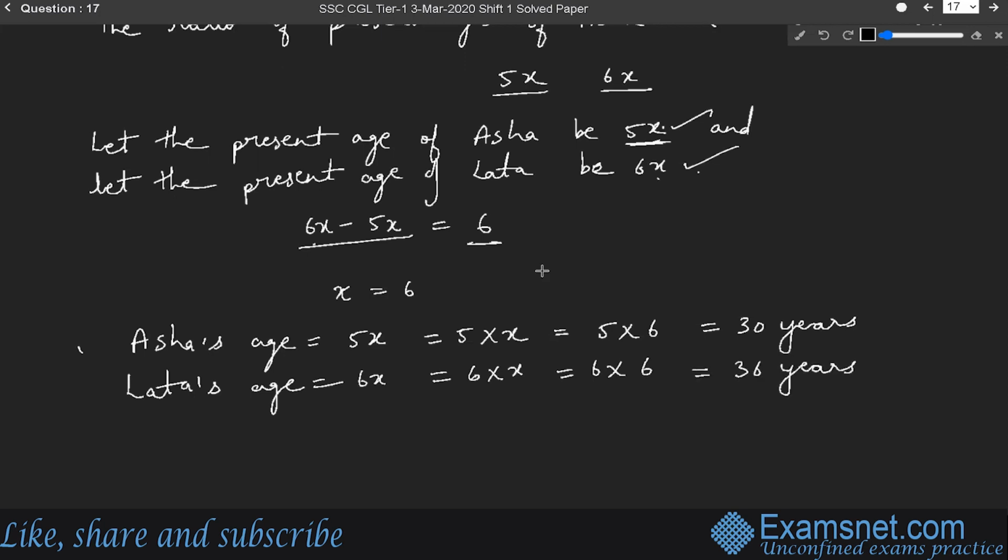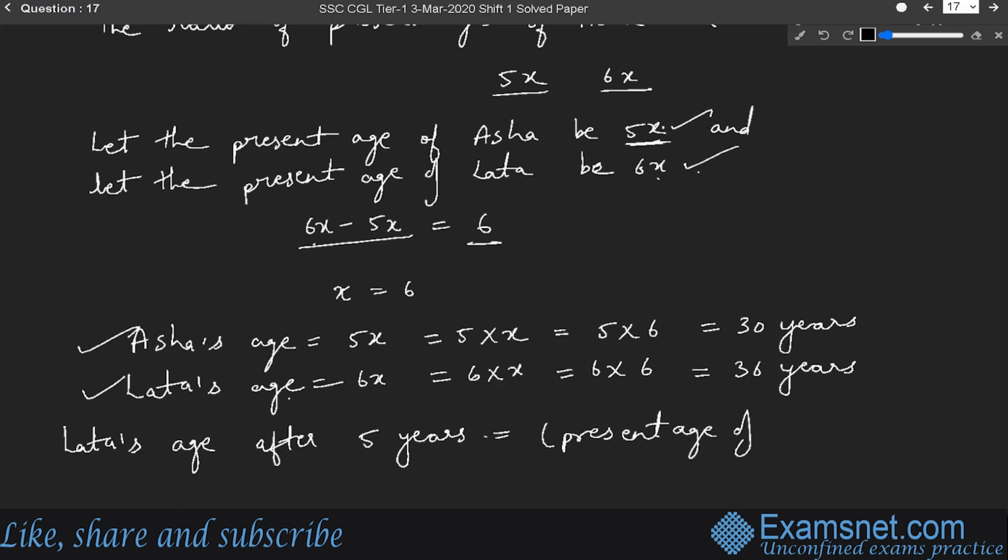But both these are the present ages of Asha and Lata. We have to calculate Lata's age after 5 years. We have the present age of Lata. So Lata's age after 5 years will be the present age of Lata plus 5 years.